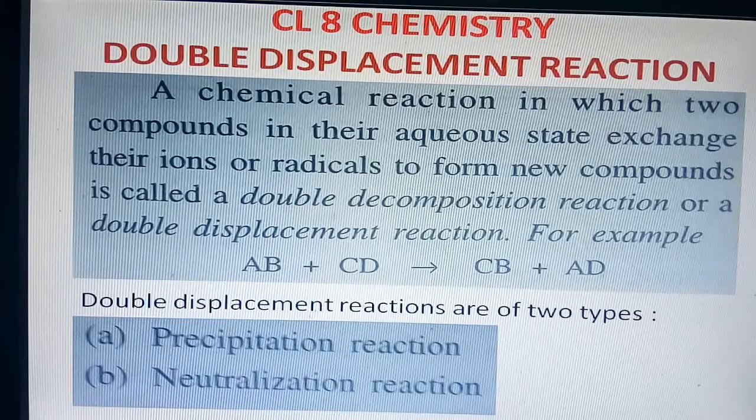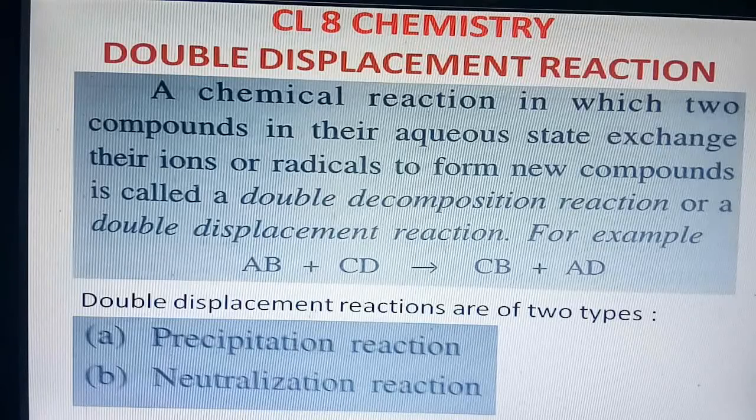That means their parts will get exchanged, their ions or radicals, to form new compounds. This is called a double decomposition reaction or a double displacement reaction. For example, AB plus CD gives CB plus AD.